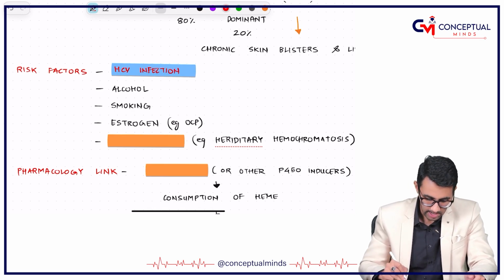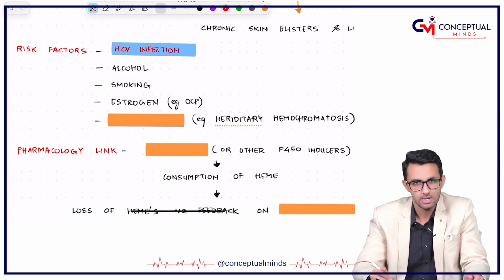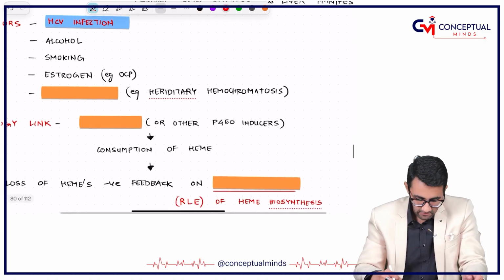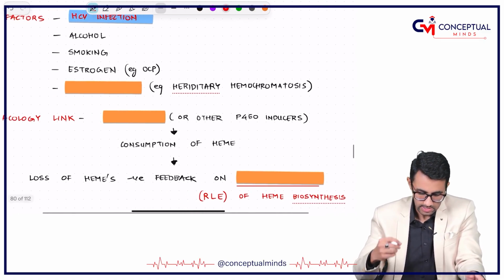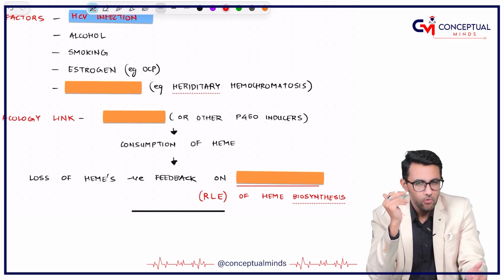Alcohol, smoking, and estrogens, that is high estrogen levels, are proven risk factors for Porphyria Cutanea Tarda. What is the last one? The condition, hemochromatosis. What happens in that? I'm giving you a moment to think.